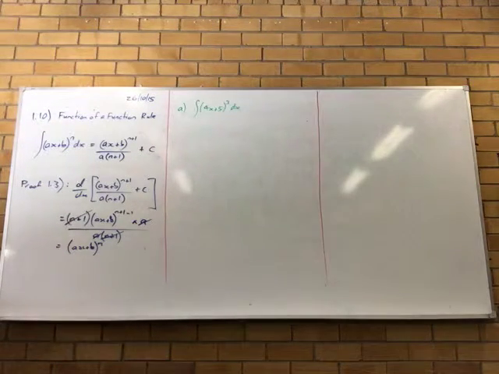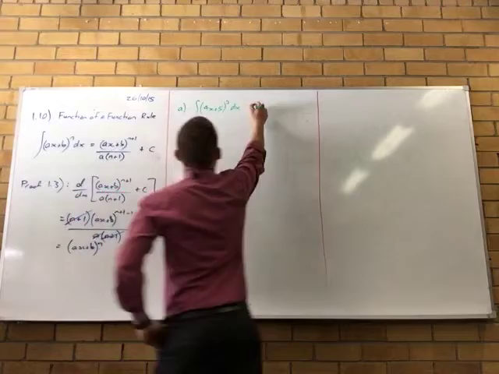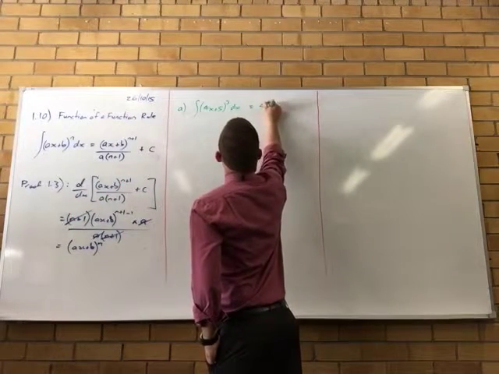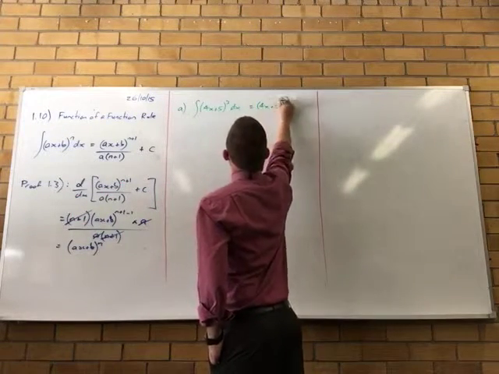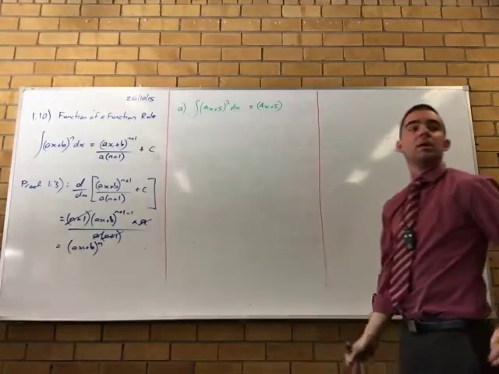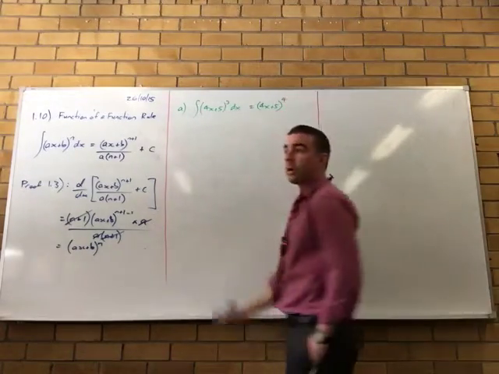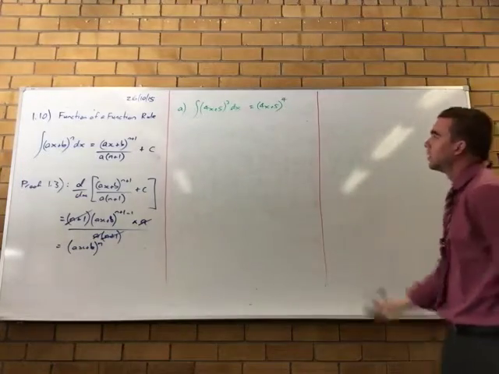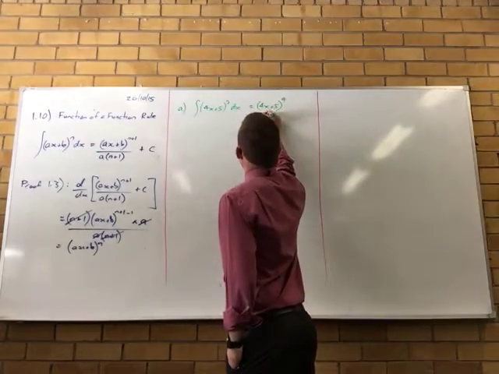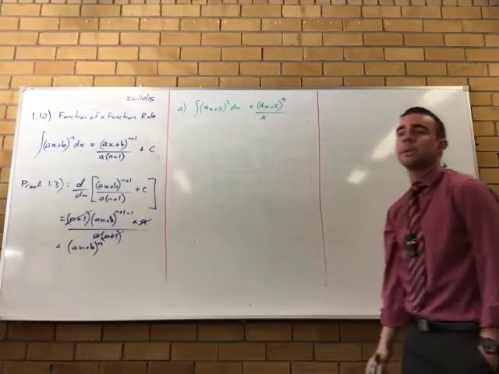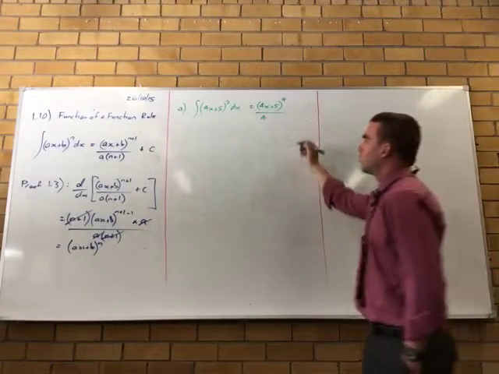But if we know the technique we're using now, we can do it much quicker. So write what's inside the bracket, 4x plus 5, add 1 to the power, just like we've been doing with powers of x, divide by the new power, and multiply on the bottom by the derivative.